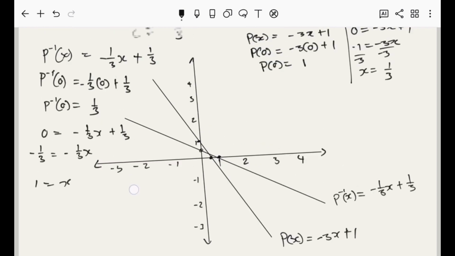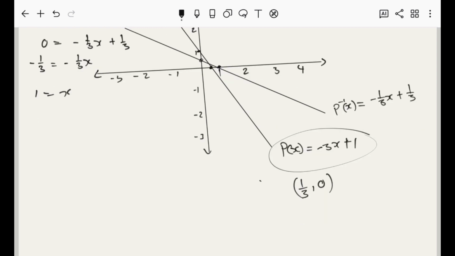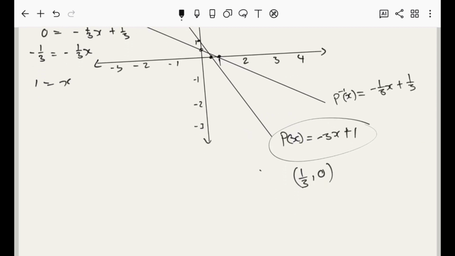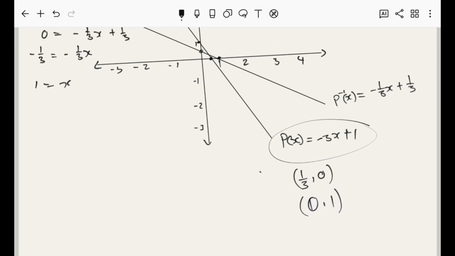The x-intercept of the original graph is 1 over 3, 0. And the y-intercept of that graph again is 0, 1. But the x-intercept of the inverse of this graph now is 1. That's the coordinate of the x-intercept, while the coordinate of the y-intercept is 0, 1 over 3.